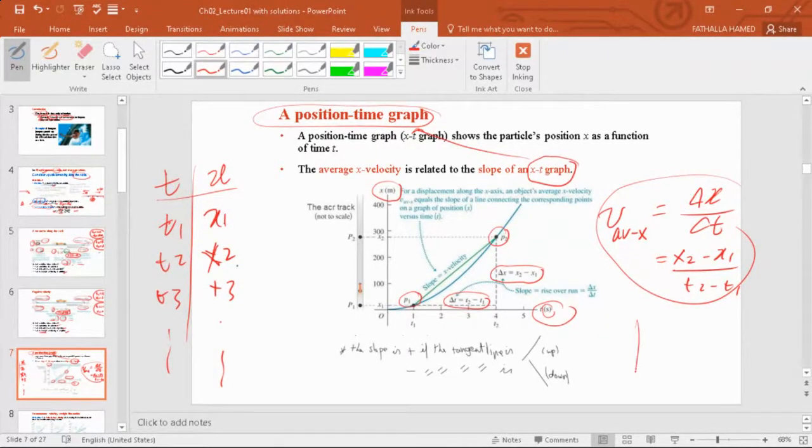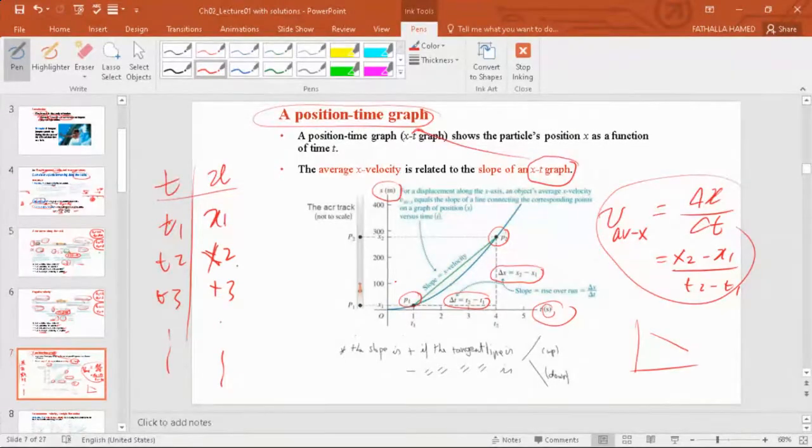By the way, you can have a situation where you may end up getting the difference as a negative slope, which will be basically going that way. So your slope could be positive, it could be negative. Now, when you have a graph, you can basically read these numbers. Okay. So that's what it means by an average velocity.